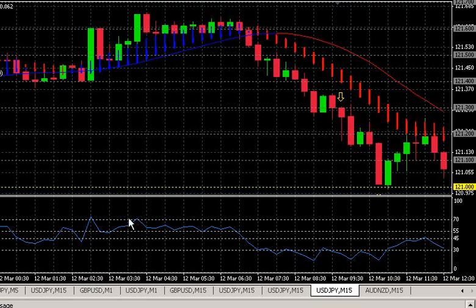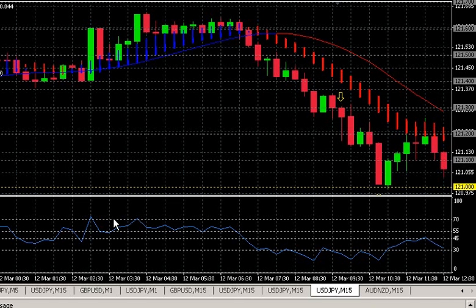Now, some default levels that you're going to hear, because the RSI works on a scaling from 0 to 100, you'll often hear that anything above 70 means the market is overbought, and anything below 30 means the market is oversold.